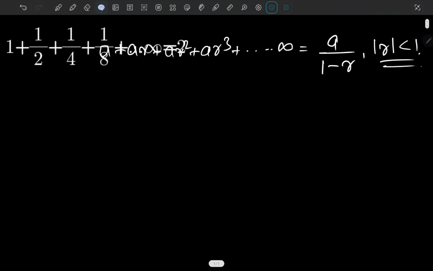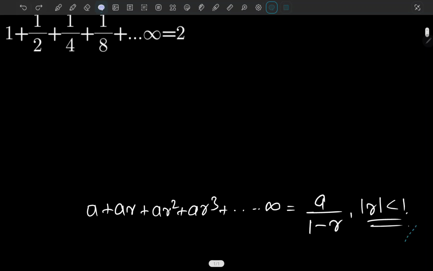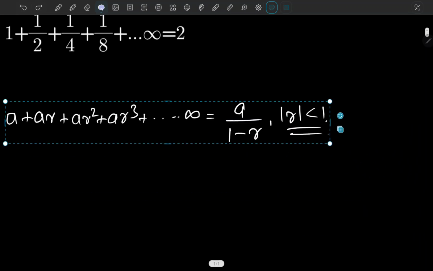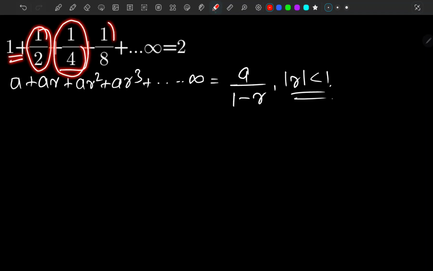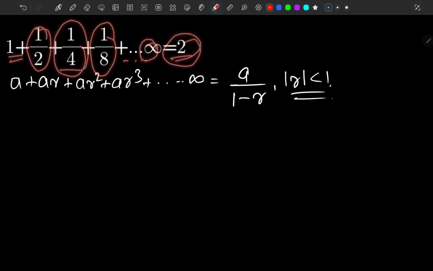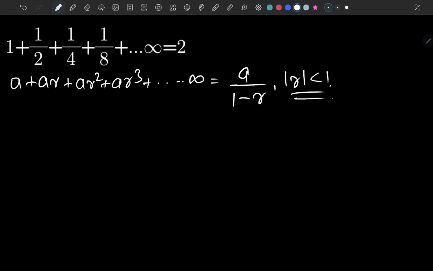Okay, so basically we are gonna be proving that the sum of 1 plus 1 over 2 plus 1 over 4 plus 1 over 8, and that just keeps going up to infinity, equals 2.